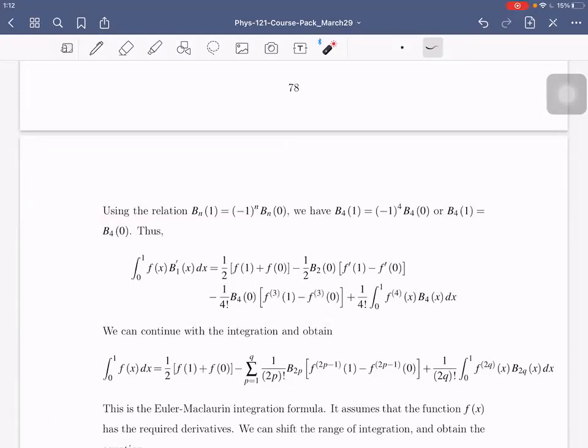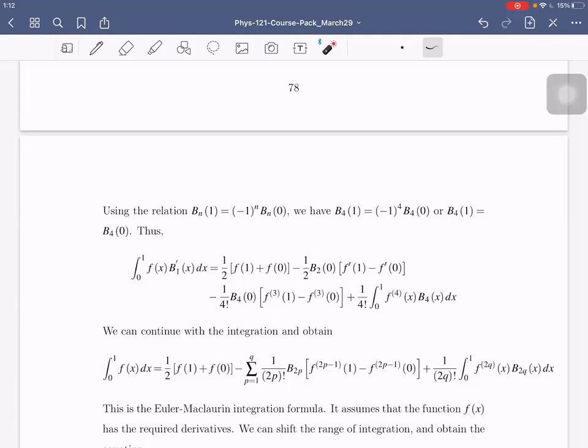Pinapakita lang nito na ang b sub 4 of 1 is just equal to b sub 4 of 0. Kung mapapansin nyo, valid ito sa mga even number na n. So for n equals 2, 4, makikita nyo kasi na yung negative 1 raised to n will become positive as long as even. So ganun yung nangyayari dyan.